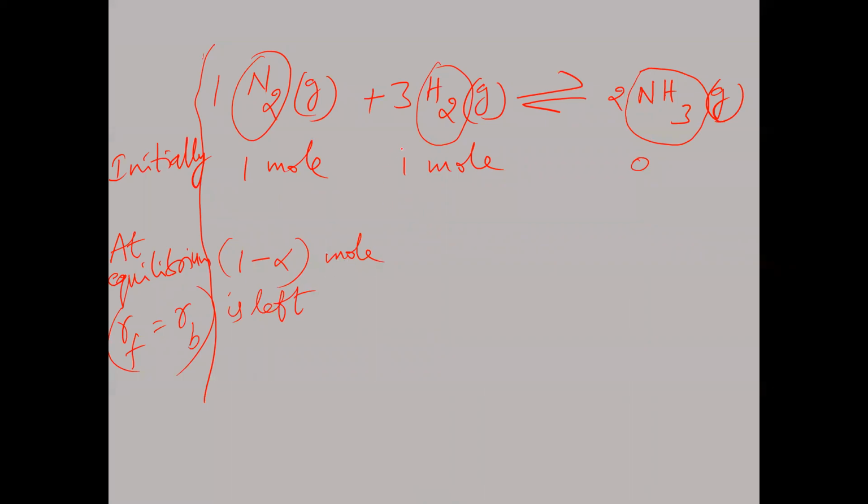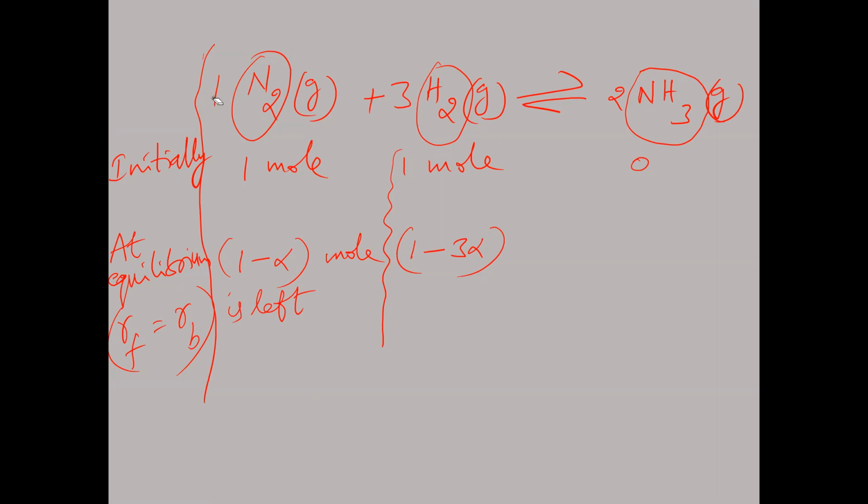And how many moles of hydrogen will be left over? 3 alpha will be dissociated. Given 1 mole minus 3 alpha. In the balanced equation, if 1 mole of nitrogen is consumed, 3 moles of hydrogen are consumed. If alpha moles of nitrogen are consumed, 3 alpha moles of hydrogen will be consumed.